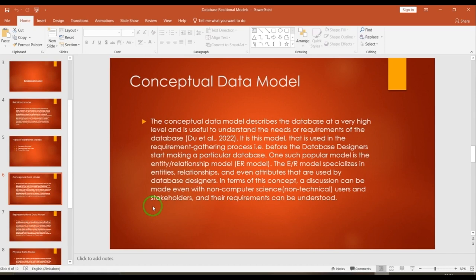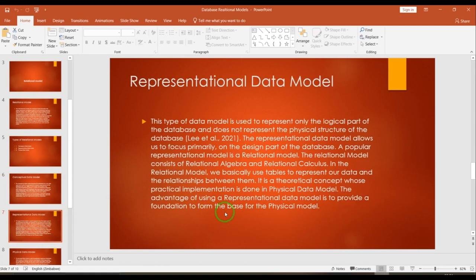One such popular model is the entity relationship model, the ER model. So the ER model specializes in entities, relationships, and even attributes that are used by database designers. In terms of this concept, a discussion can be made even with non-computer science or non-technical users and stakeholders, and their requirements can be understood.